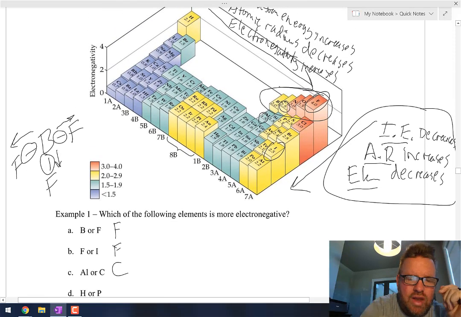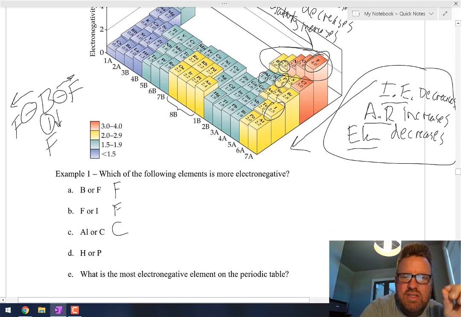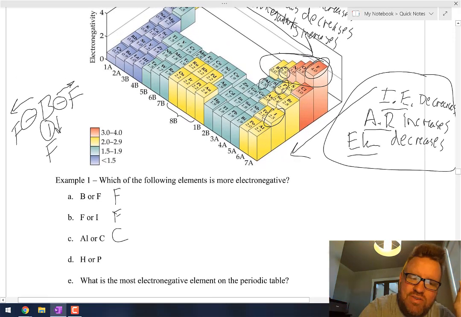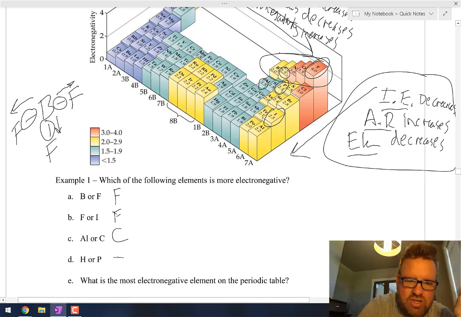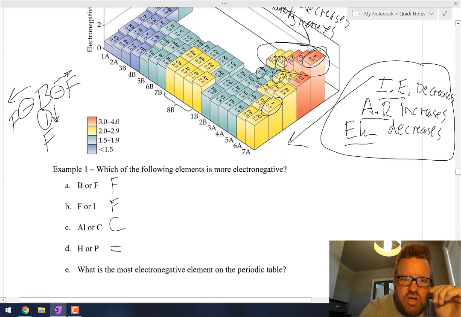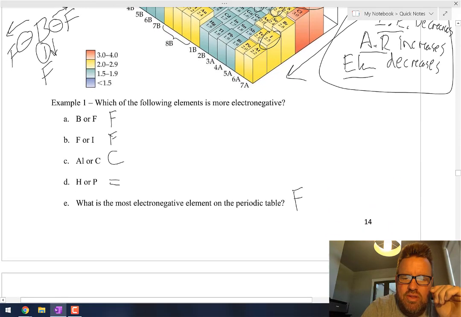And then hydrogen, 2.1. Phosphorus, hey, what do you know? 2.1, two of them that are exactly the same. So hydrogen's farther to the left, but phosphorus is farther down. I wouldn't expect you to know that, okay? They actually are equal to each other. And then what's the most electronegative one on the periodic table is fluorine.